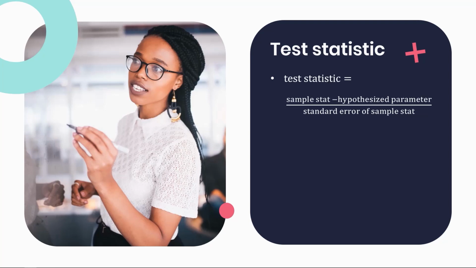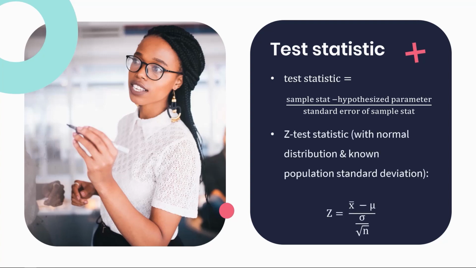For the normal distribution, we use the variable z as the test statistic where the population standard deviation is known. The formula for the z-test statistic is the following, where x̄ is the sample mean, μ is the population mean, σ is the population standard deviation, and n is the sample size.